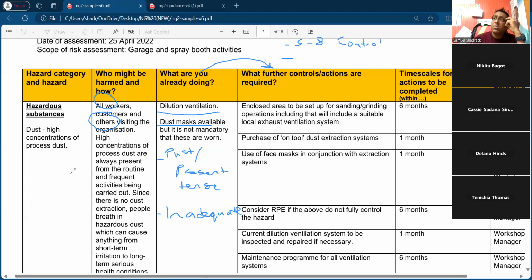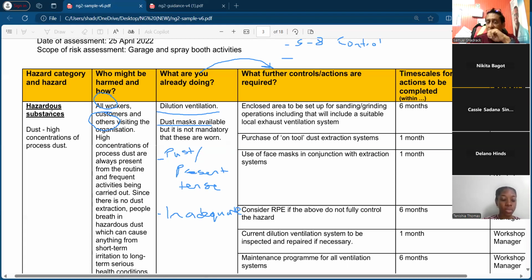Some students struggle to get the 5, but the 5 is very easy because the 5 comes from you. It's really common sense. So if there's high concentration of dust, you'll want to enclose the area. That's a good control. Dust mask is a good control.